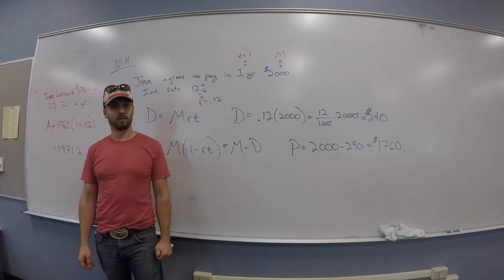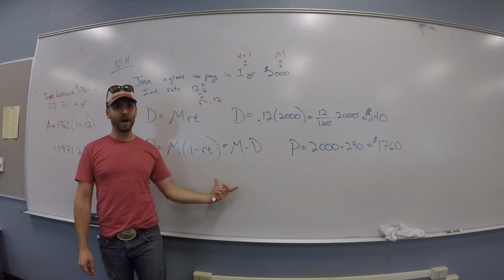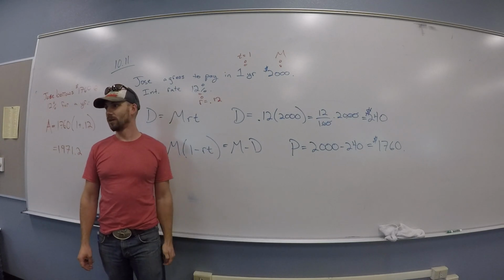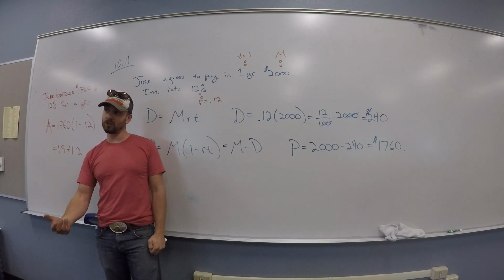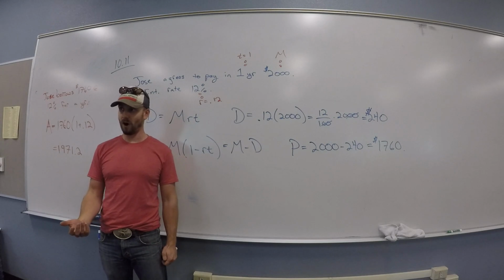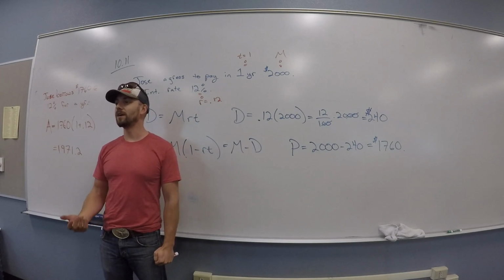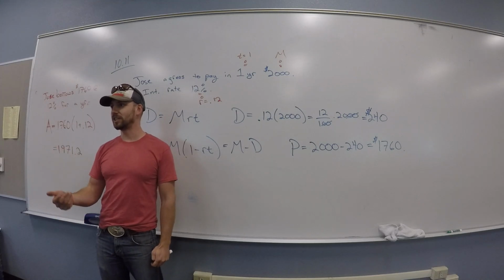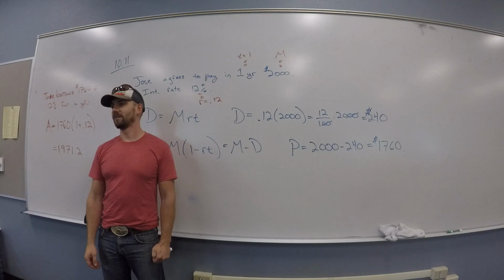I just don't see how that's a discount. Oh, it's not literally a discount on the loan, like it isn't a better deal. What does a discount mean in this sense? In this sense, it means the amount of interest that you're paying upfront. The interest is deducted from your loan, and then you come back in a year and pay the actual loan.